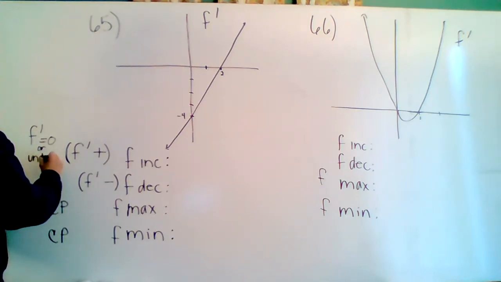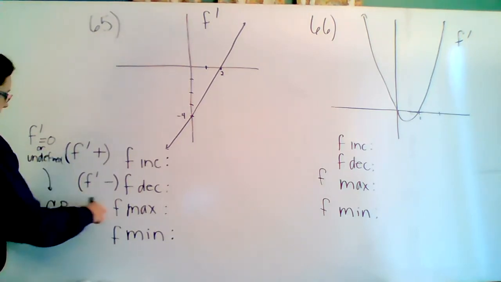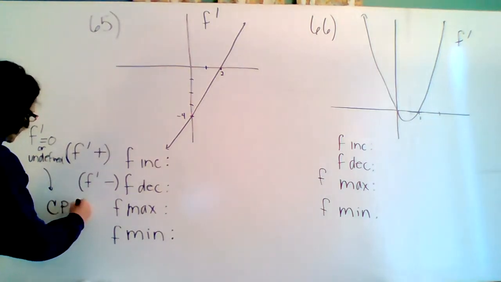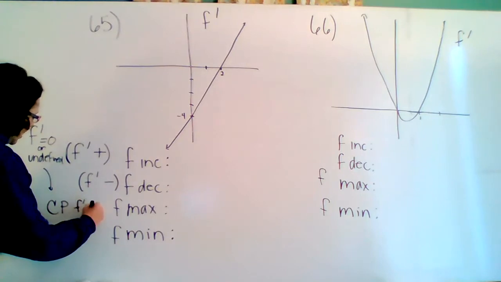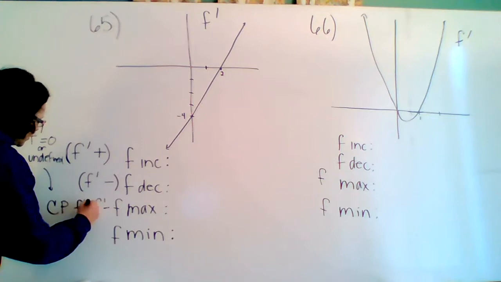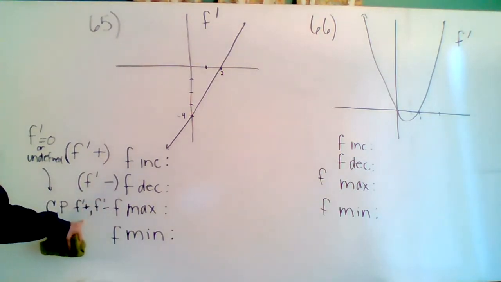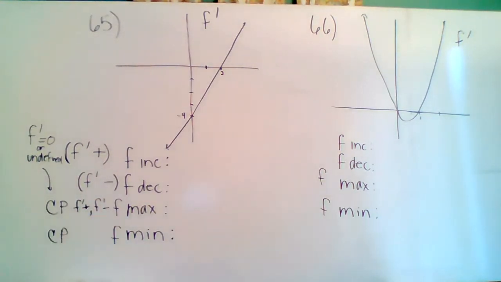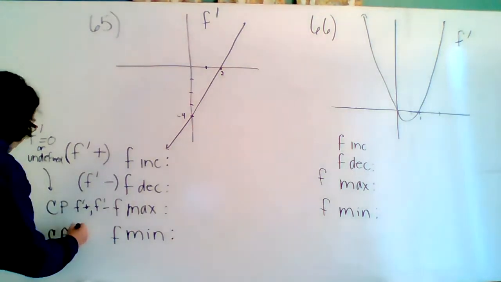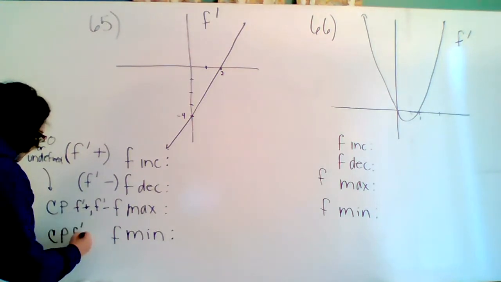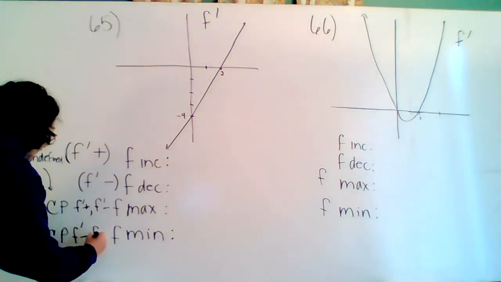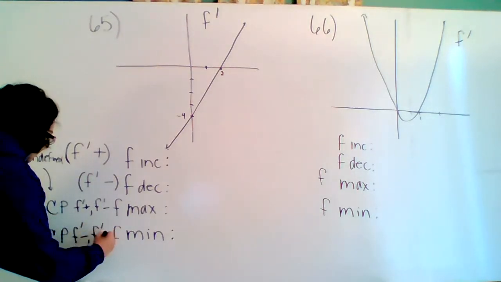Now, a maximum occurs at a critical point where the derivative is positive and then the derivative is negative. So positive on the left of the critical point, negative on the right of the critical point. Where is there a minimum? At a critical point where the derivative is negative on the left and positive on the right.